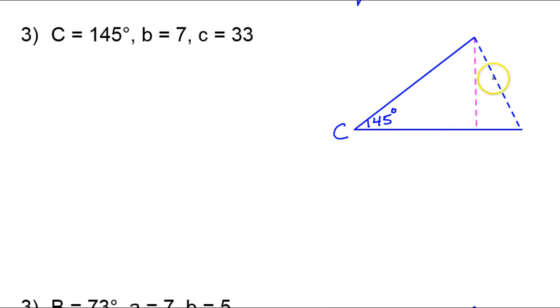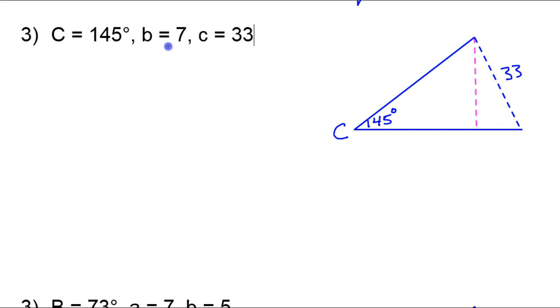If this is angle C, that would make this side c over here, so this is going to be 33. Now I'm making this a dotted line because we don't know if this is going to be long enough to reach the ground. We don't know if this is going to make a triangle at all, or maybe it'll make two triangles. We don't know. So I'm making it a dotted line so we can move it around. It's sort of temporary. But anyway, if this is angle C, this would be side c.